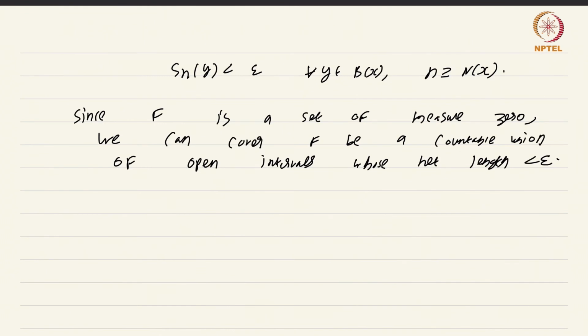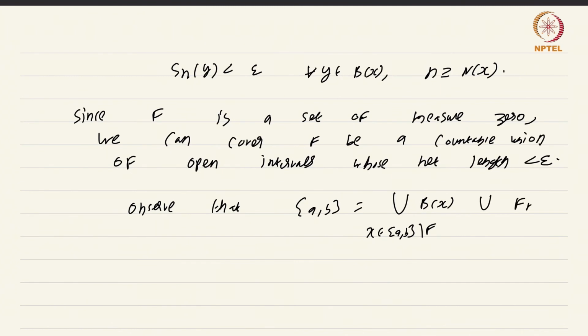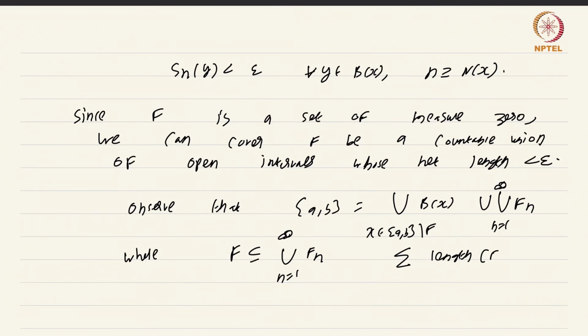Excellent. Now observe that AB is the union of these B(x)'s as x ranges through AB minus F, and the union of these Fn's. The union of Fn, n equals 1 to infinity, where F is a subset of the union for n equal to 1 to infinity of Fn, and the summation of lengths of Fn is less than epsilon.